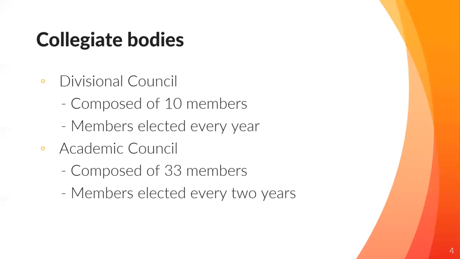Vice Chancellor of the unit, the directors of the 3 academic divisions of the unit, the heads of the 9 academic departments of the unit, a representative of the teachers for each of the academic departments of the unit, a representative of the students for each of the academic departments of the unit, and 2 representatives of the administrative staff of the unit. The Vice Chancellor, division directors, and department heads are university authorities. So it's not necessary for them to be elected to participate in collegiate bodies.